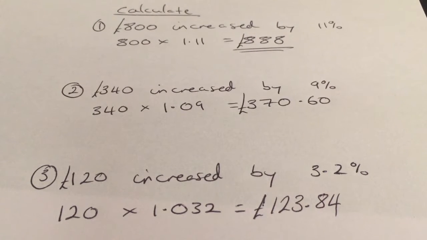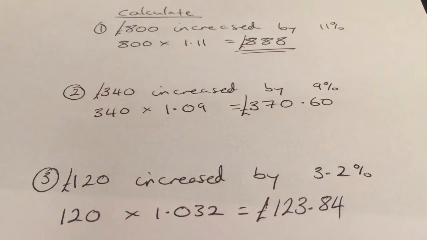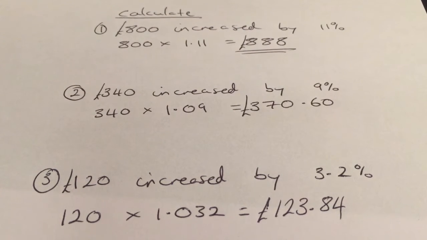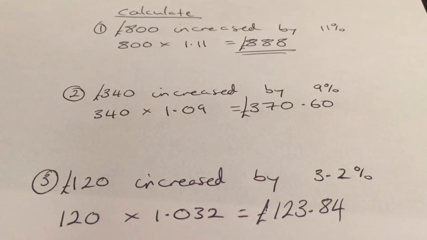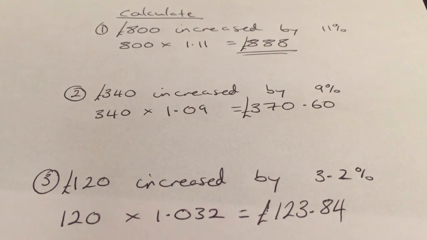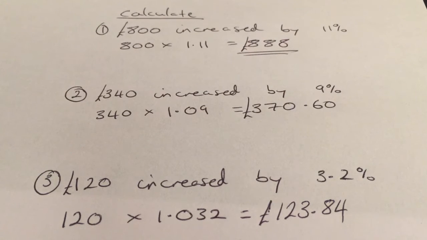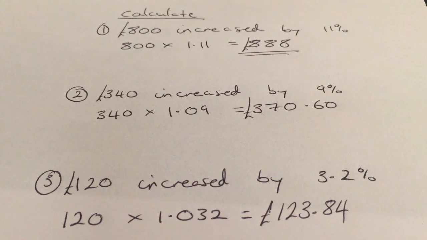Notice that I've done all the calculation in my head. I've just gone straight to what I'm multiplying by as a decimal amount. Make sure you're comfortable with that. This is a really straightforward way of increasing by a percentage, and it allows us to move on to compound interest, which we'll find out about more later.